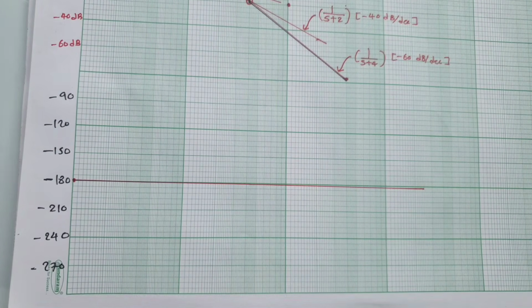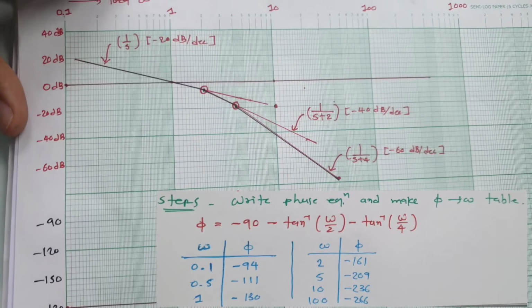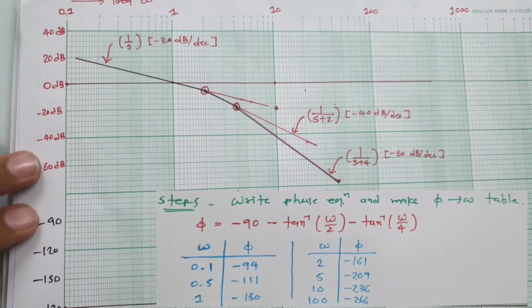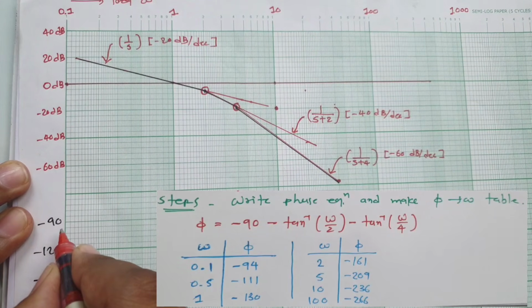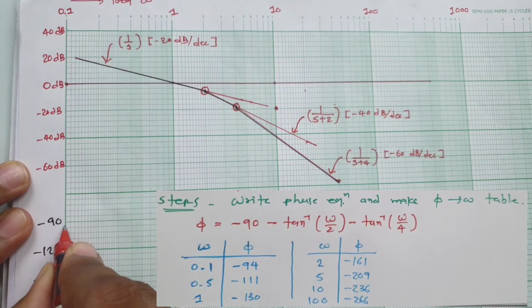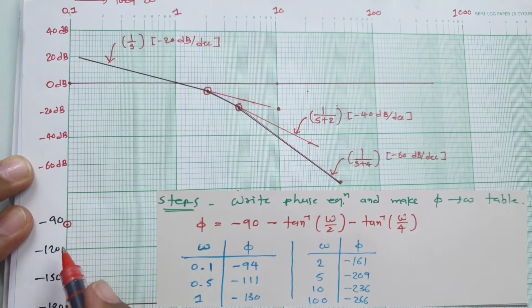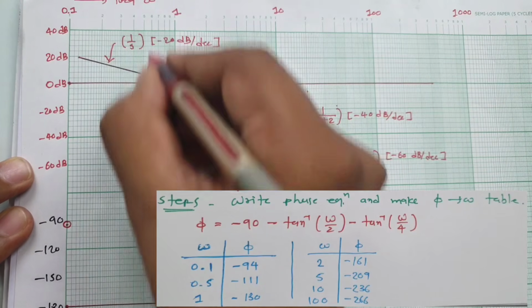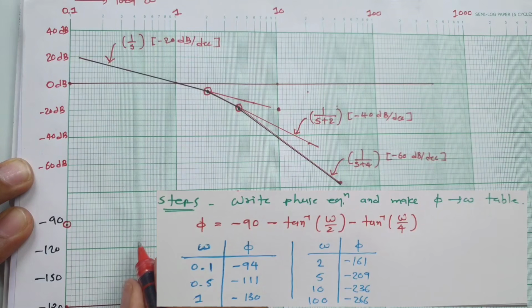Now if you see the table which we have calculated, as per the table we need to place values. So at 0.1 radian per second, the point is at minus 94, so that is somewhere over here. 0.1, that is this, you see. Then at 0.5 the angle is minus 111, so at 0.5 means 0.2, 0.3, 0.5 over here, minus 111 is somewhere over here.